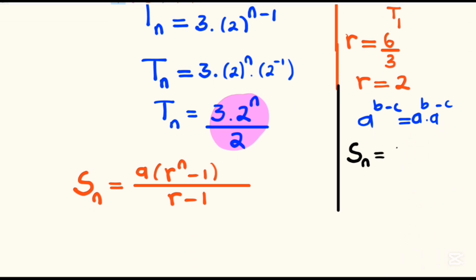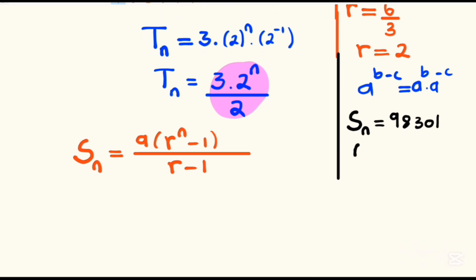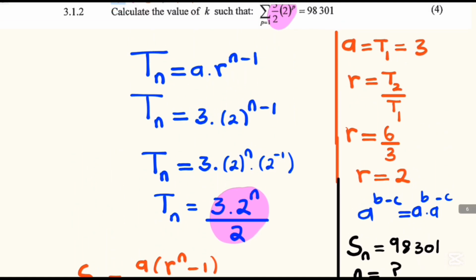So we have Sn is equals to 98,301. We are to determine n, and it should be obvious that n will be equals to the k that we are looking for. In the place of the Sn, we go right ahead and substitute the 98,301, and this will be equals to a, and in the place of the a we have 3.